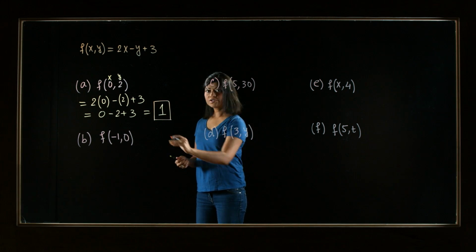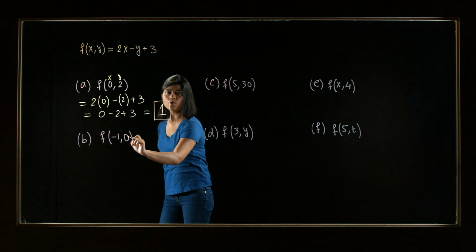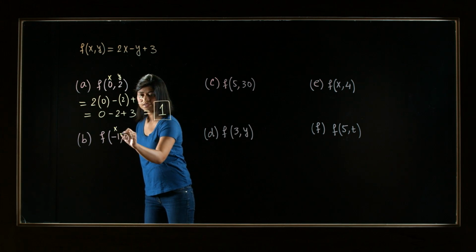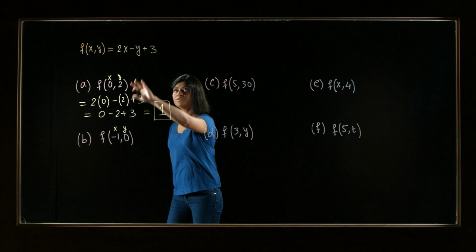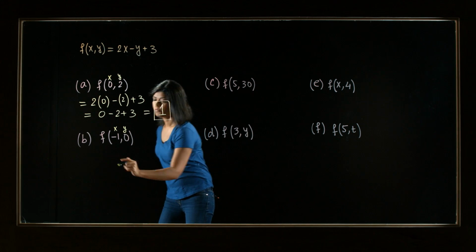Okay. For the second one, we continue the same way. Now, we have to figure out f of negative 1, 0. That means negative 1 is your x, 0 is y. And you do the same thing again. You take the expression and plug in the x and the y values in there.